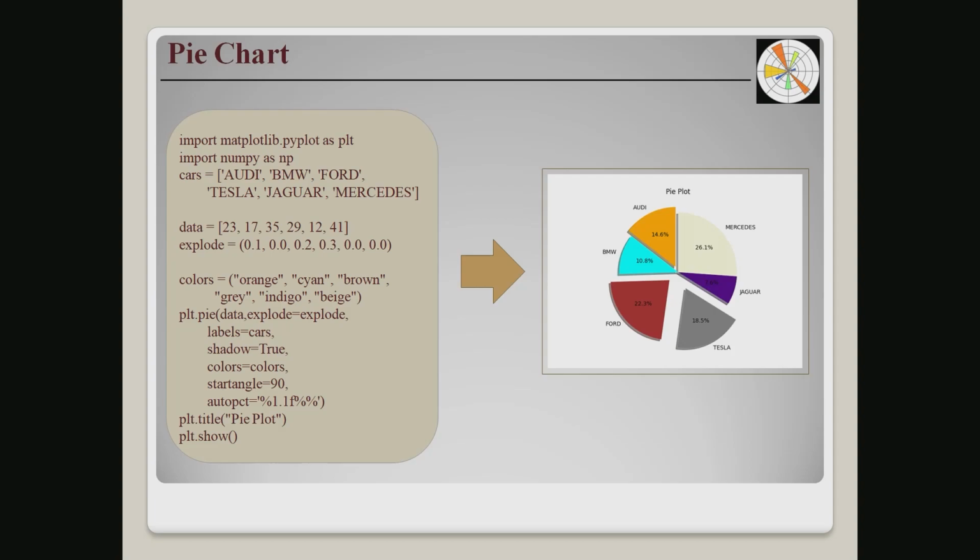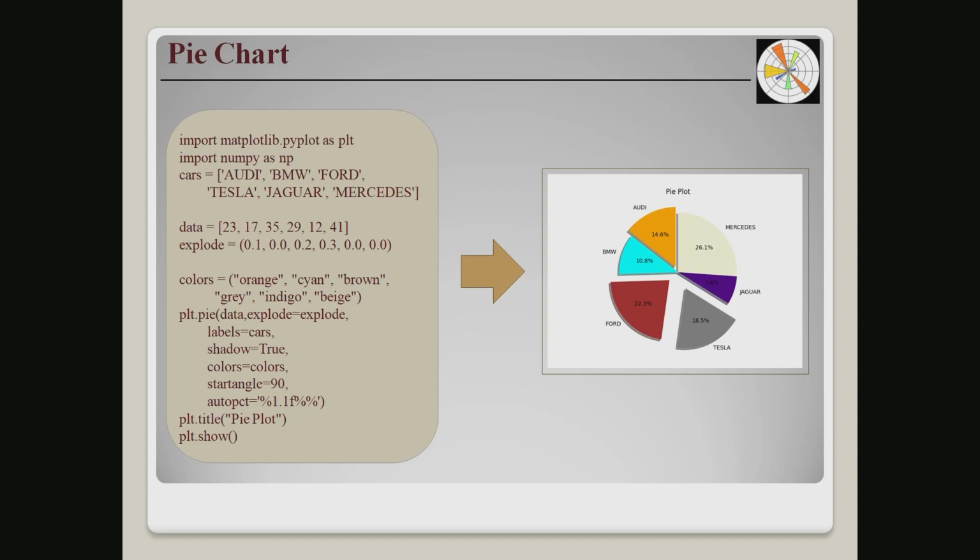If I have given 0.1 in the first parameter, this will explode your first slice by 0.1, that is, it will explode by that percentage from the pie chart. So for that we are giving this explode parameter.